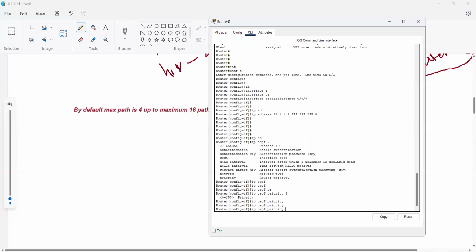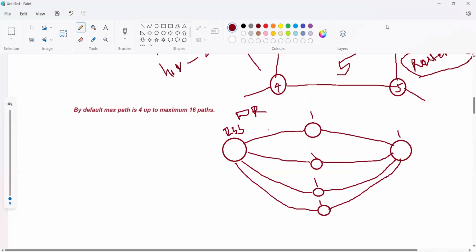If you set the priority to 255, this router will always be the DR router. So the DR is elected on priority basis. If the priority is 1 on all, then it is a tie. Then what will happen?